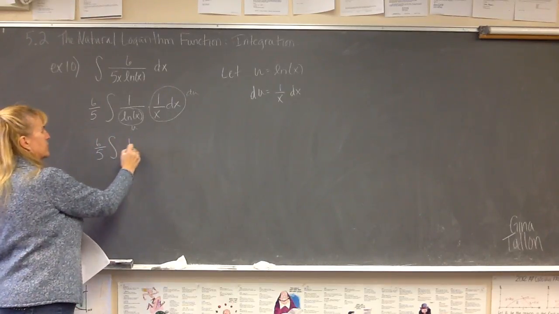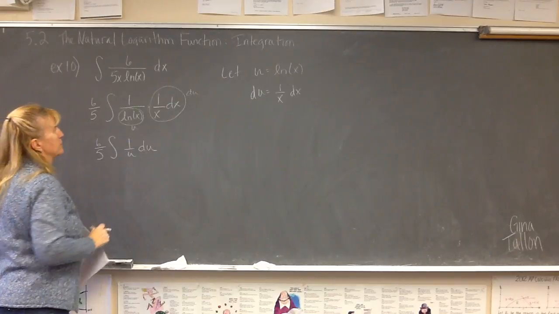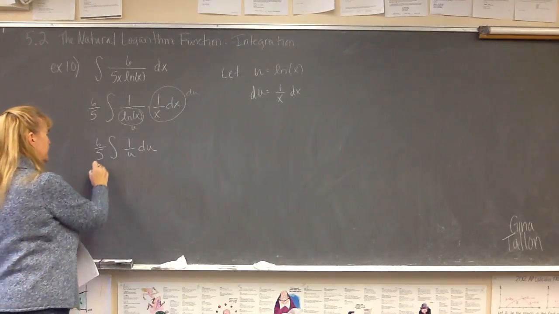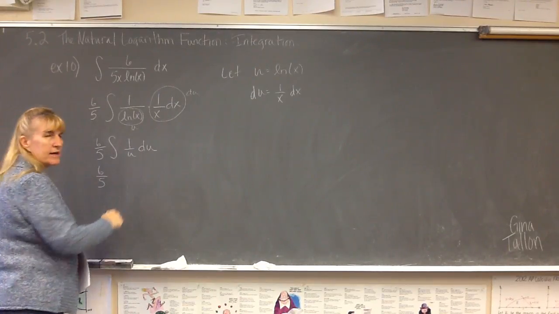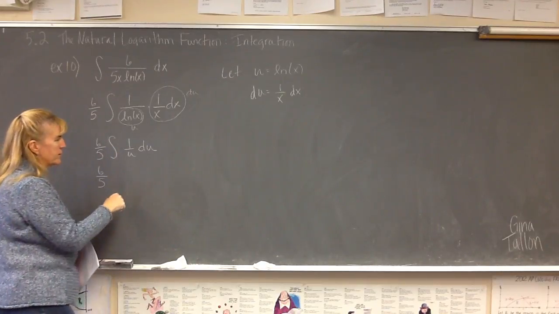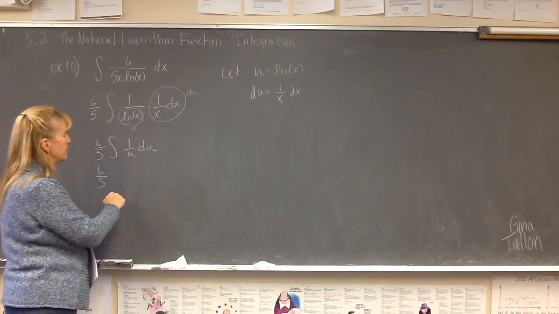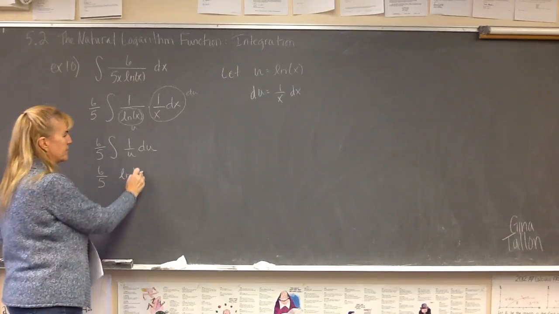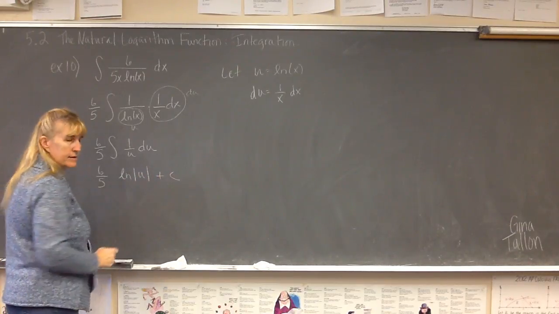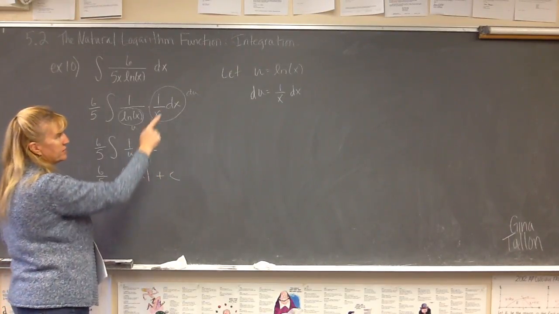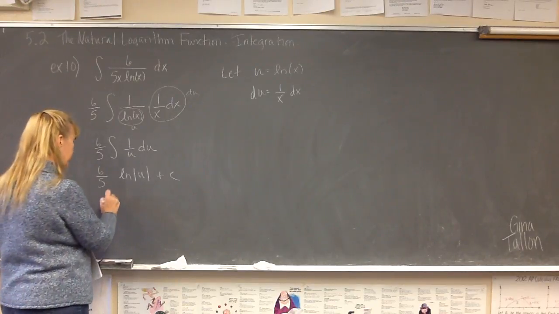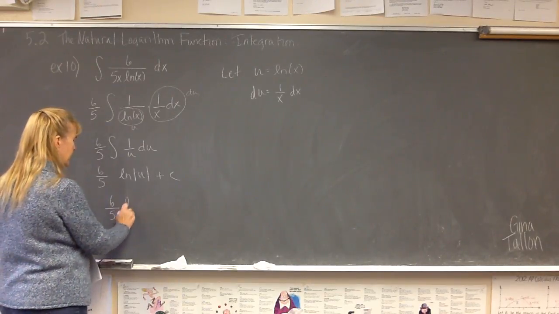So let's write this again. This is the integral of 1 over u du, which is 6 over 5, and I can integrate 1 over u. The integral of 1 over u du is the natural log of the absolute value of u plus c. My u was natural log of x, which is why this is so weird, but we have it once in a while.